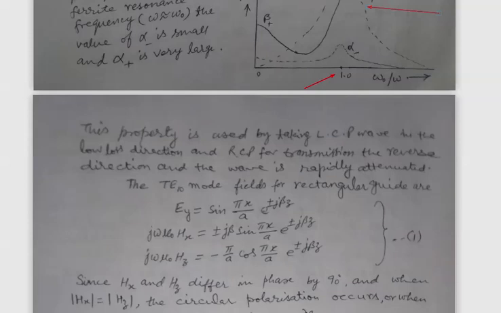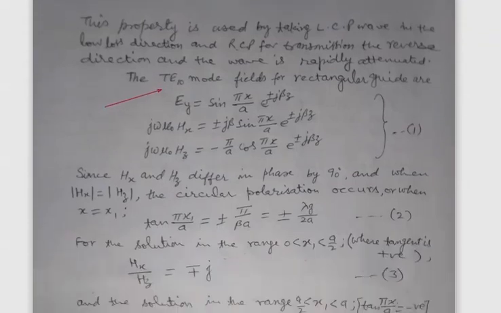So now we will write down the fields in the dominant TE10 mode in rectangular waveguides. These fields are shown in equation number 1.